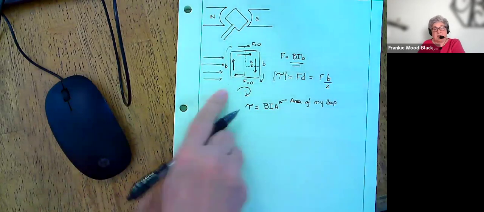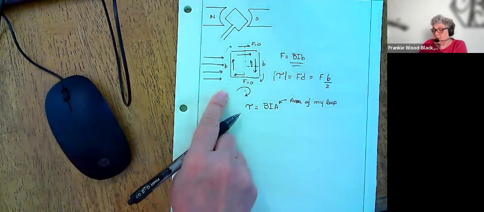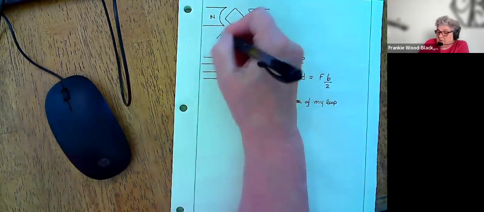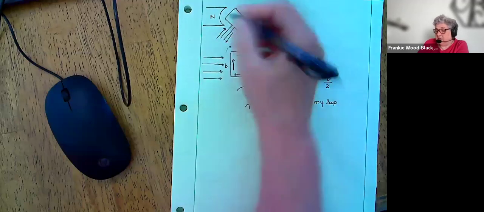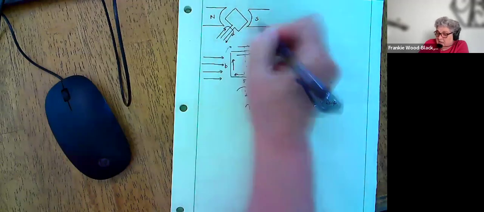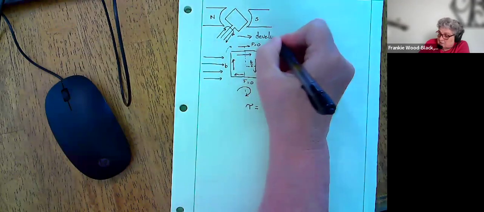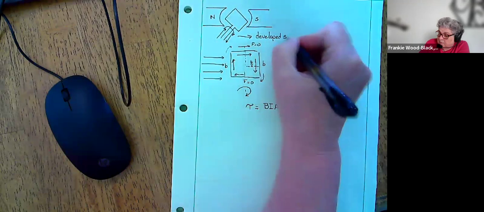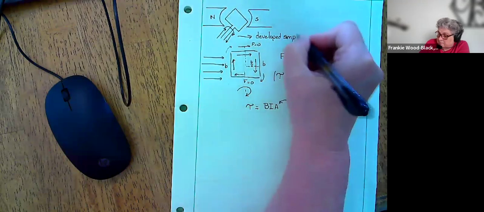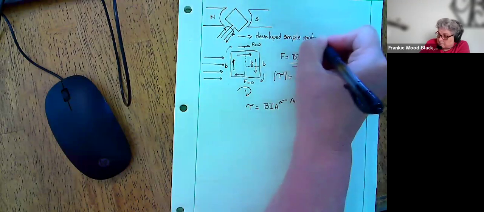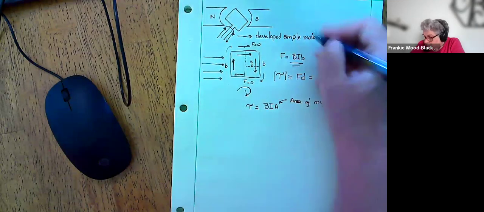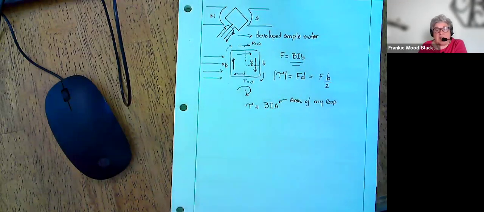Now, we set this up for a square, and if I have a current going in here, this is going to rotate around, and I have just developed a simple motor.